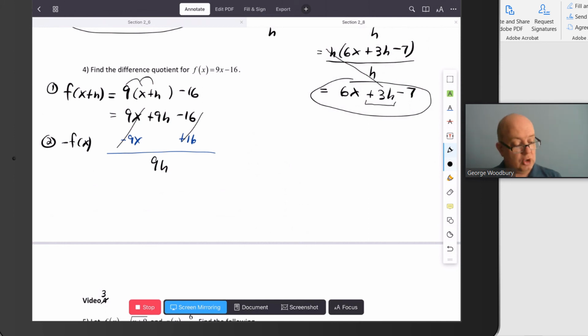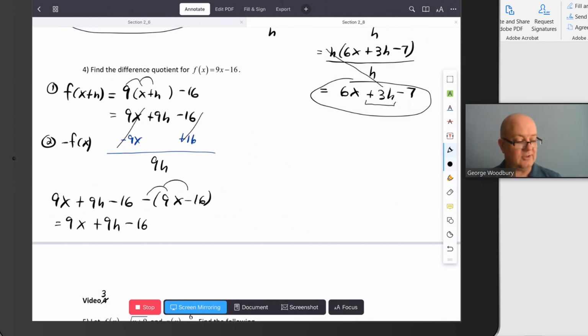Now again, you could have done this, 9x plus 9h minus 16 minus 9x minus 16. Distribute that minus sign through. 9x plus 9h minus 16 minus 9x plus 16. And then the 9x's add to be 0. The 16's add to be 0, leaving you with just the 9h.